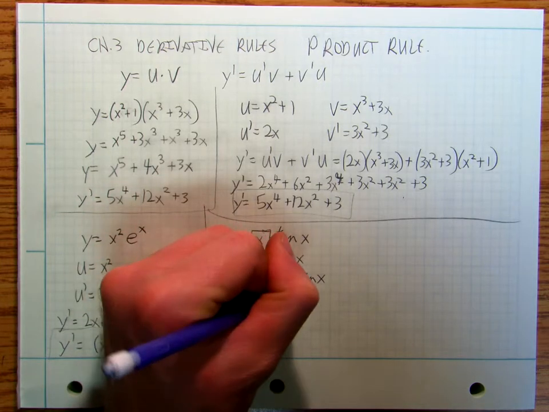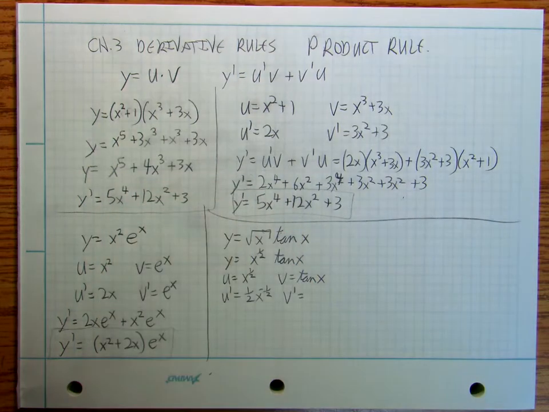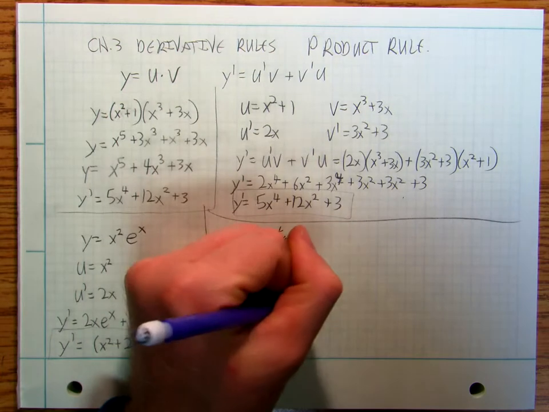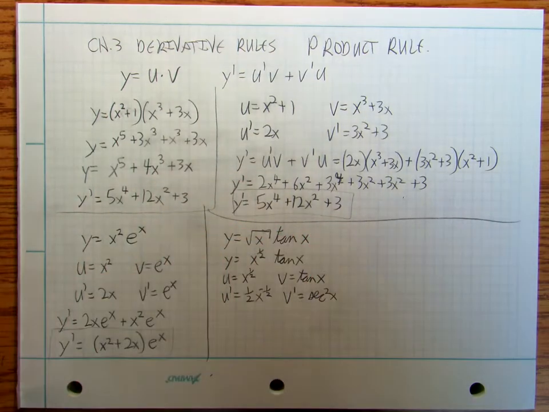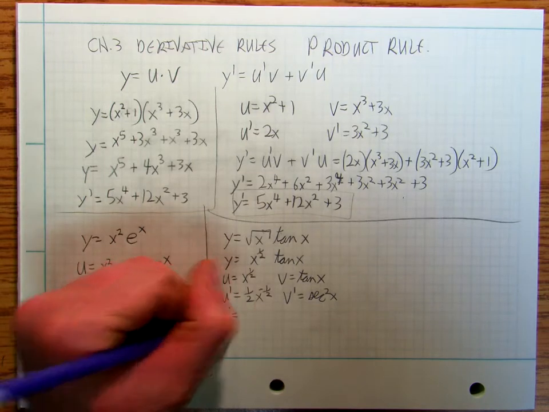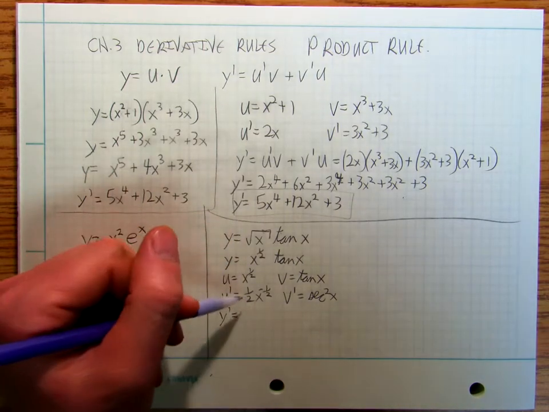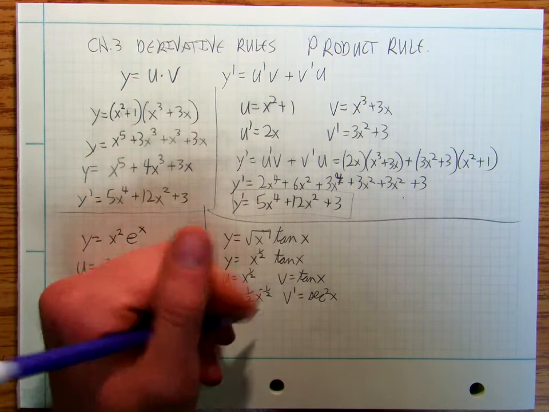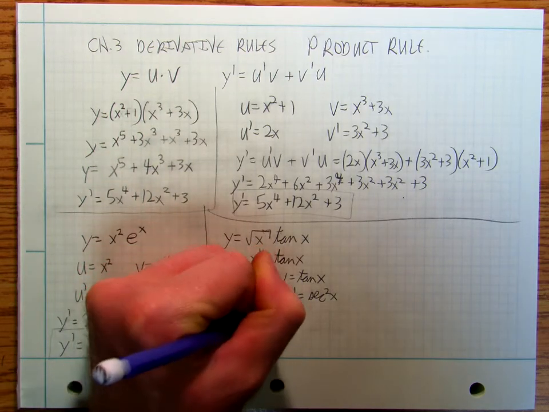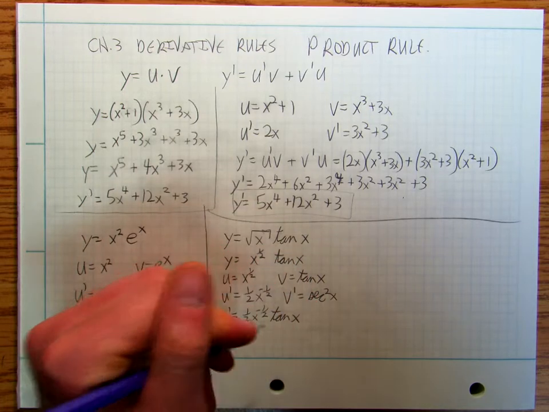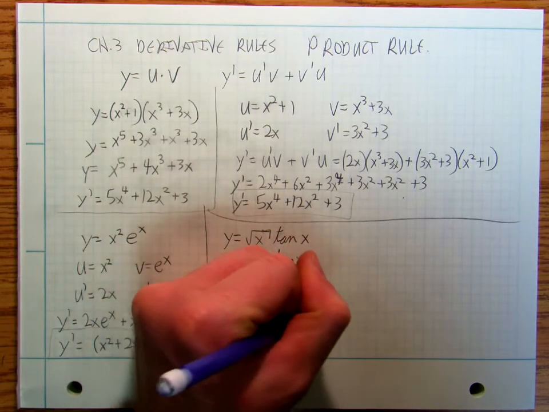My v prime is equal to, can you remember that one? Secant squared x. And so then my y prime is equal to u prime v plus v prime u.